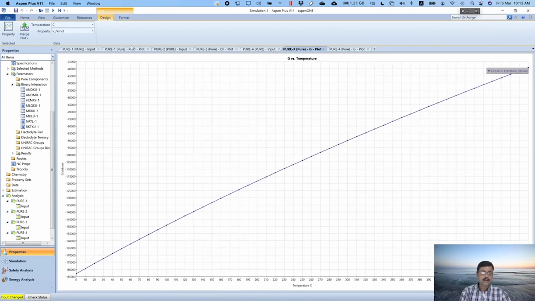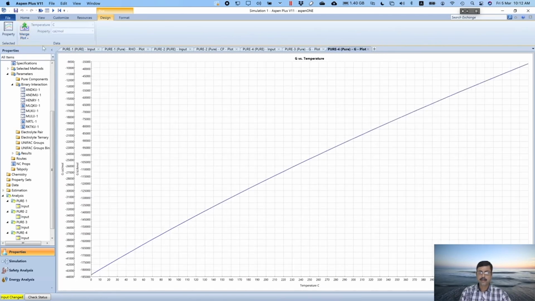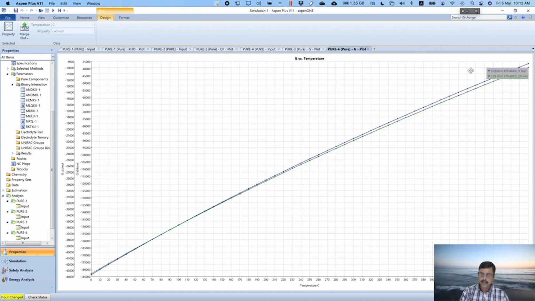Now we merge these two plots. Merge it with G plot. So you can see two plots are merged. Let us move the legend over here. Here you can see the blue line is this one, that is for 1 bar, and the green line is for 20 bar.